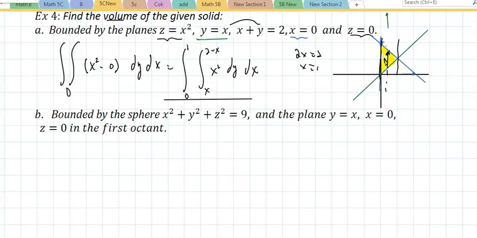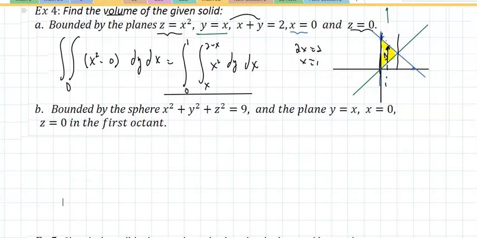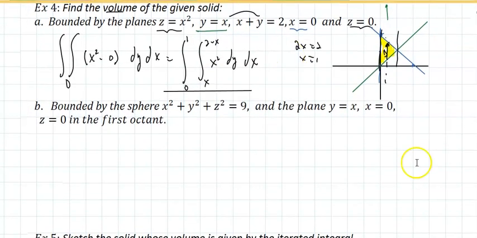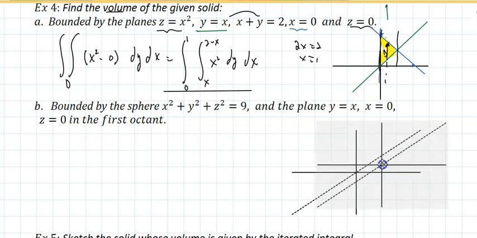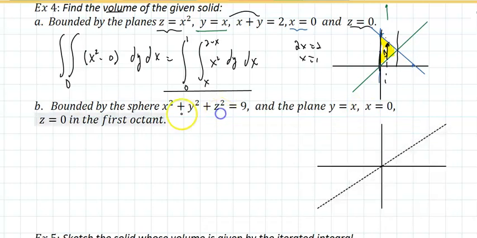Now we get to the next problem, and we would like to find the volume bounded by, let's see, a sphere, z equals 0 in the first octant. So a sphere would be 1, 2, 3, 1, 2, 3, 1, 2, 3. So a quarter of it, like a quarter of an orange.